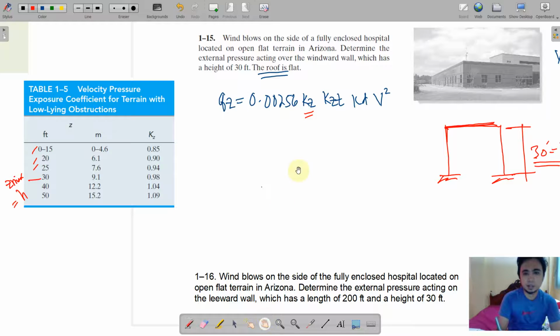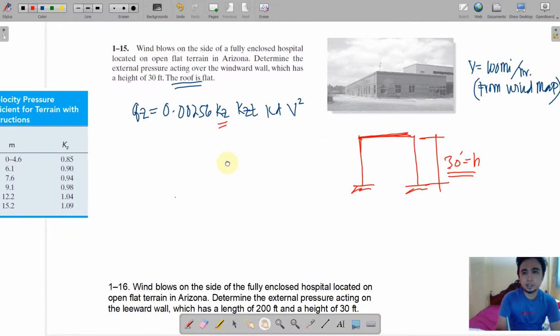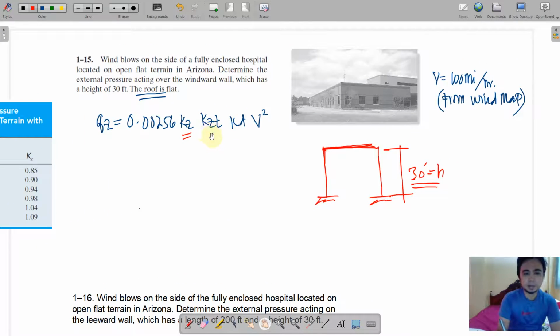Remember that. Okay, so kzt here is the increase in speed depending on the escarpments and hills. However, in this problem, it mentioned that the structure is within an open flat terrain in Arizona. So meaning, if we have a flat terrain, then we can set our kzt be equal to 1.0.